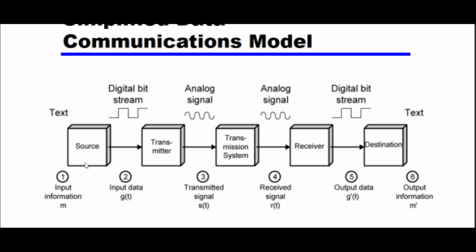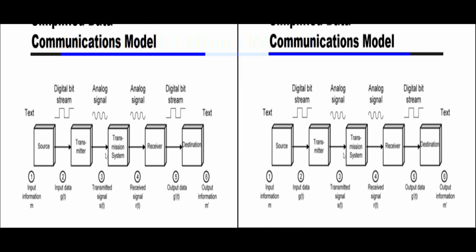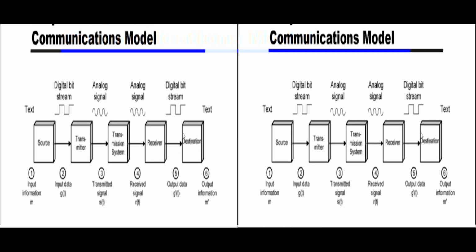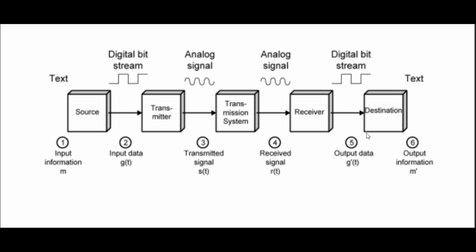Usually, when we talk about computer networks and communication, computers and most of the systems work on digital data. So the digital data is converted into analog signals by the transmitters, and the transmission medium carries the analog signals, and then the receiver converts them back into digital data for the destination to use.